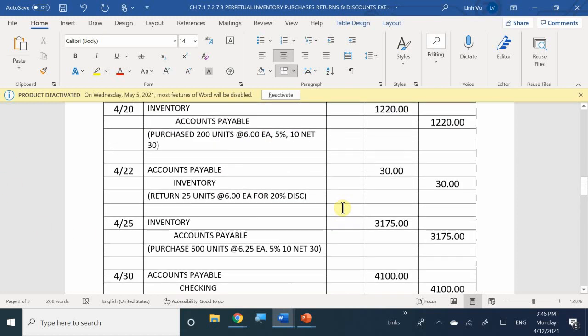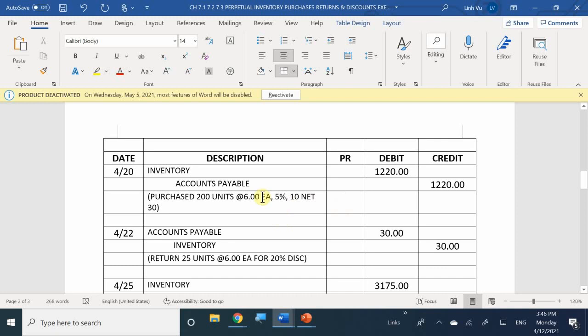Okay, but we also got to receive a 5% discount. So in this case, if I originally started with, it's not 1190, not the 1220, because remember we got 1200, right?